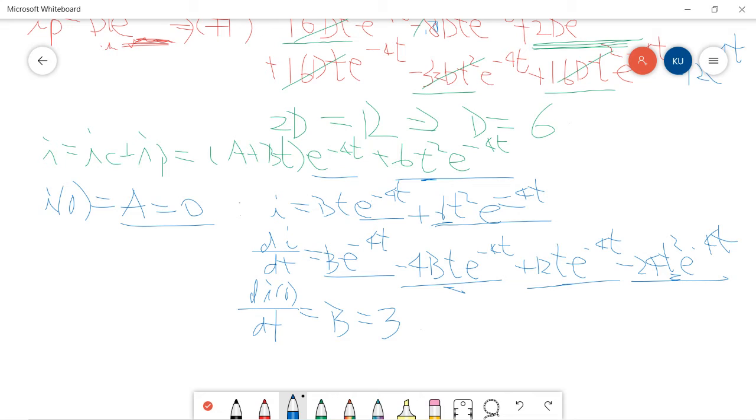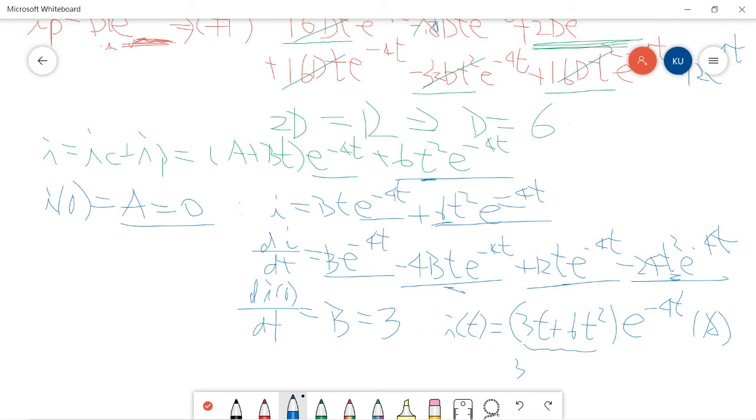So the final answer will become I of t is 3t plus 6t squared multiplied by exponential to minus 4t A. Well, actually, whether you factor out 3t is not very important.